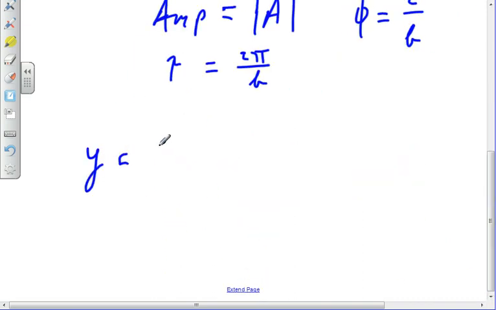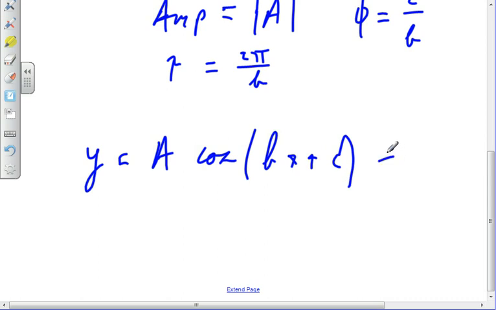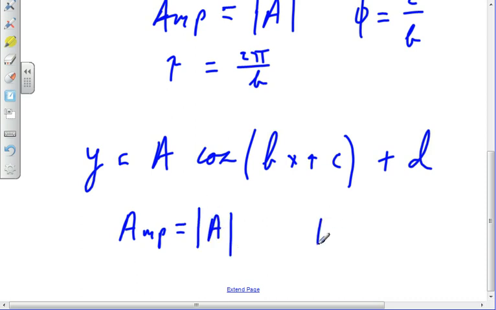Y is equal to A cosine of BX plus C, plus D. All right, what's the amplitude? A. What's the period? 2 pi over B. When are you going to forget this next?